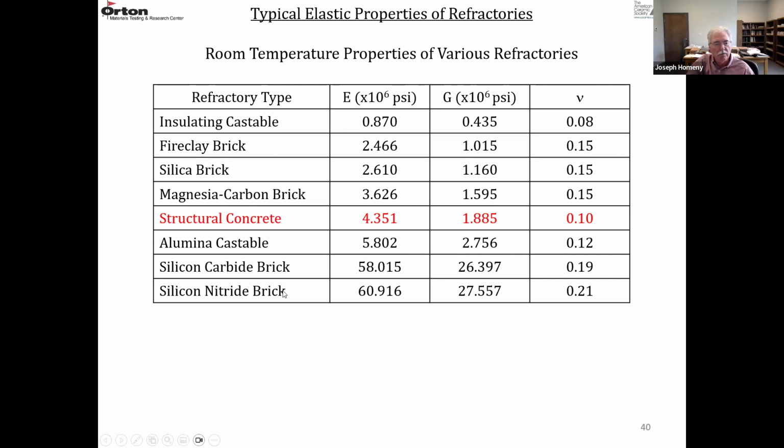These would be very dense polycrystalline refractories. So these are completely different than these other refractory materials. They're much higher. The G is usually less than half of E, and then Poisson's ratio is pretty much between 0.1 and 0.2, as we would expect.